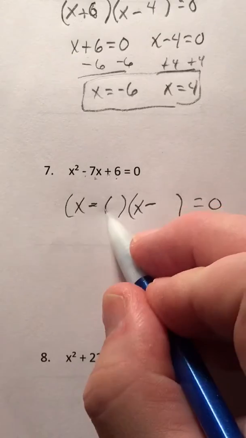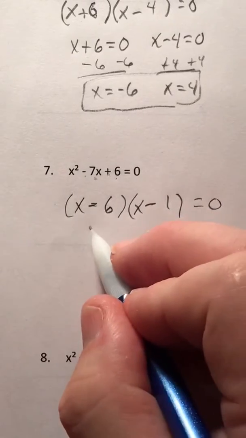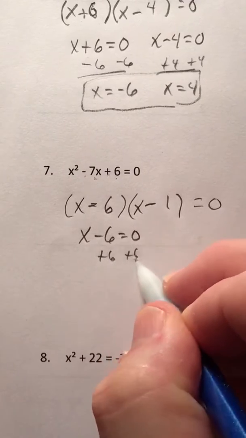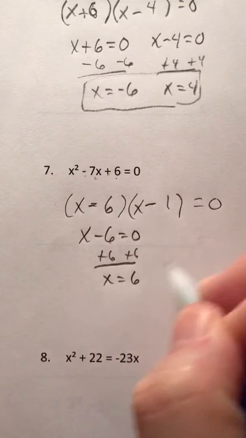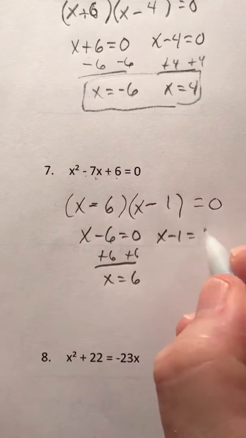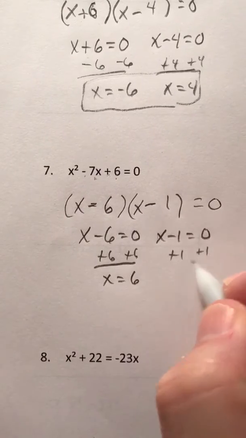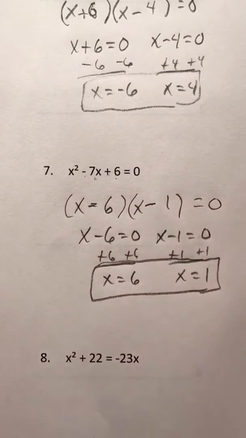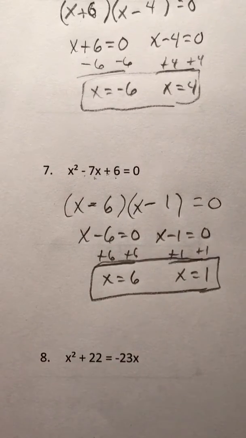And the signs are the same, so it doesn't matter where we put them. Then we set x minus 6 equals 0, we add 6, and we get x equals 6. We take x minus 1, set that equal to 0, we add 1, and we get x equals 1. So we get our two answers, x equals 6 and x equals 1.